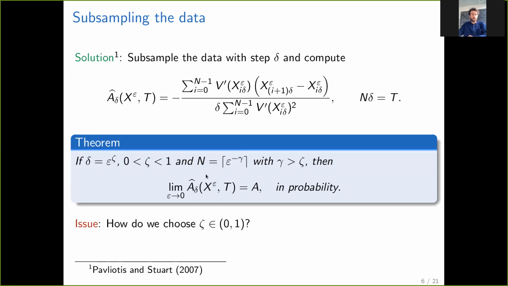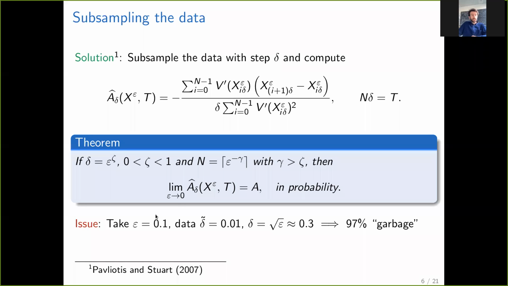Of course, since we have this assumption on time, this is a simultaneous limit for epsilon to 0 and T to infinity. As you see here, the acceptable range for the subsampling rate depends on the scale separation parameter, which is something you need to know in order to apply this method. Then the second issue is how do we choose the exponent zeta in (0, 1)?